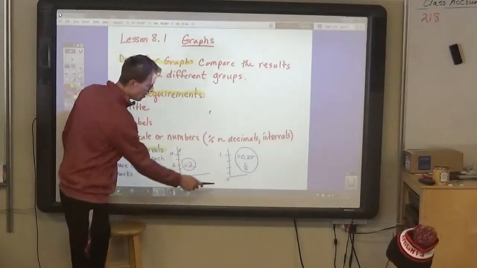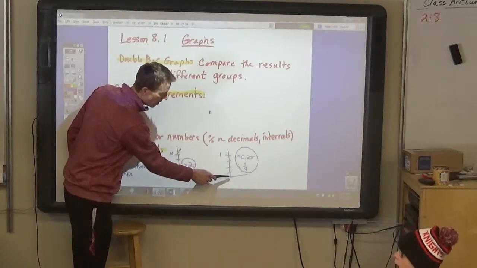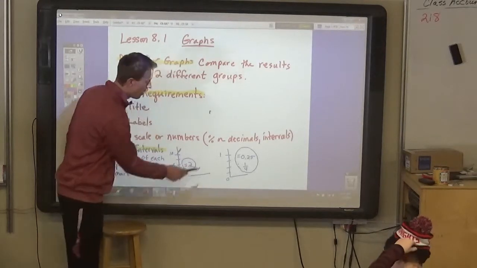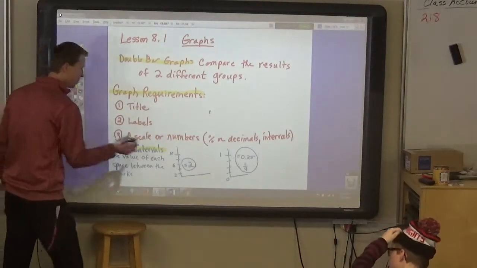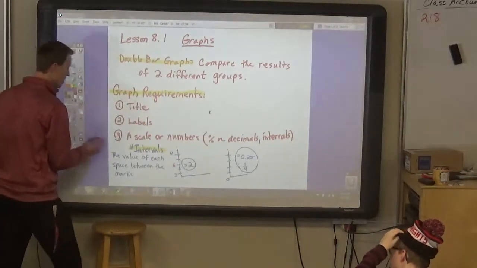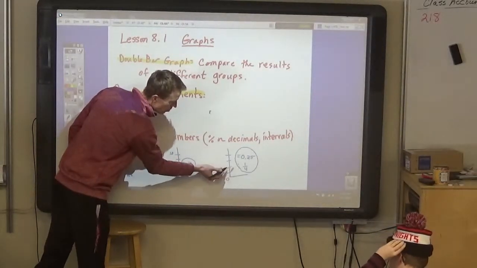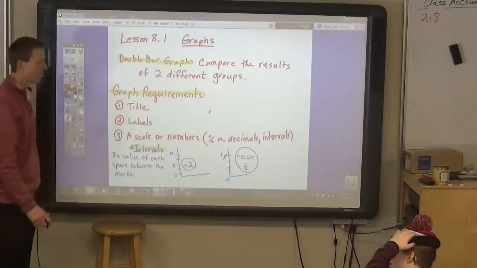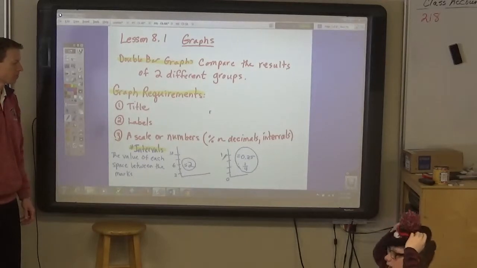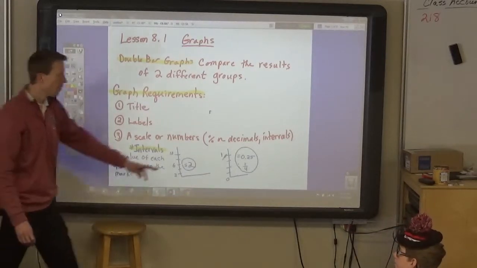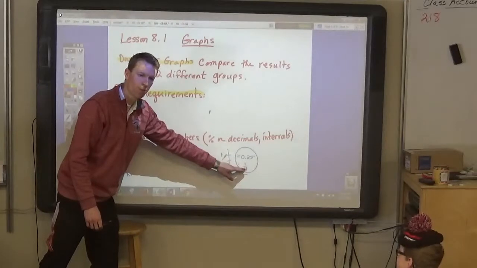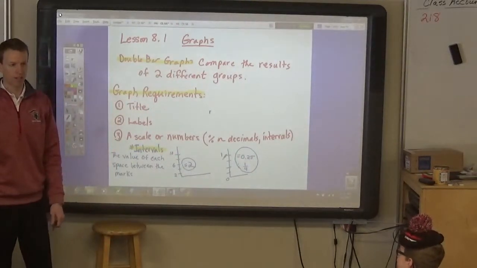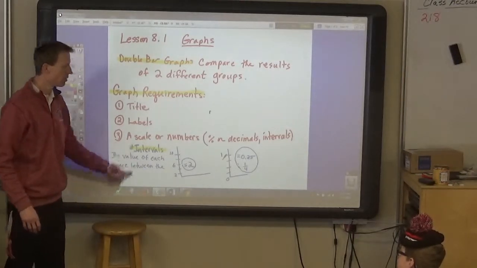No. If we count, the value of each is 1/4, 2/4, 3/4, 4/4. Okay? So that's 1. The value of each space is 1/4 or 0.25, 25 hundredths. So there's a little bit about intervals.